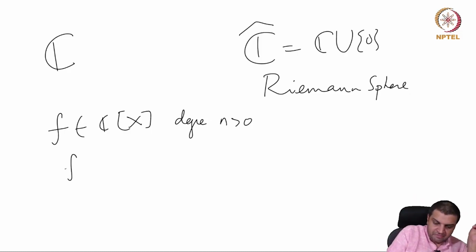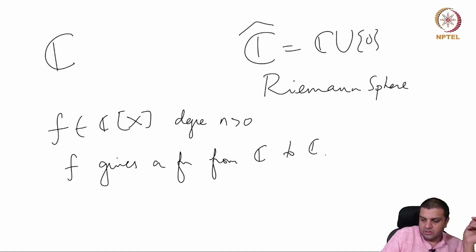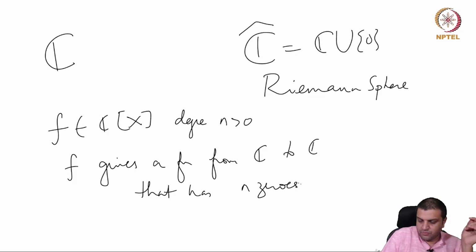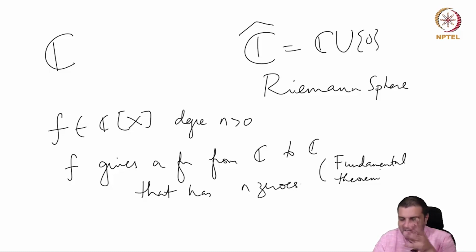Okay. f gives a function from C to C that has n zeros. Fundamental theorem of algebra, or some version of it, saying a polynomial splits into linear forms.